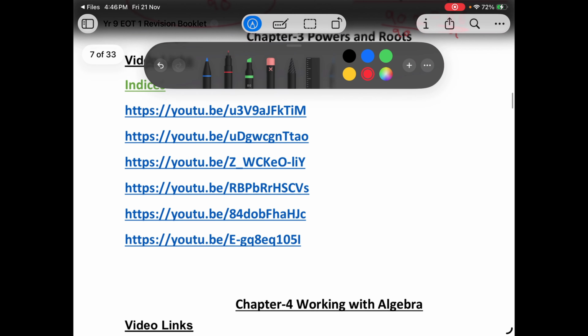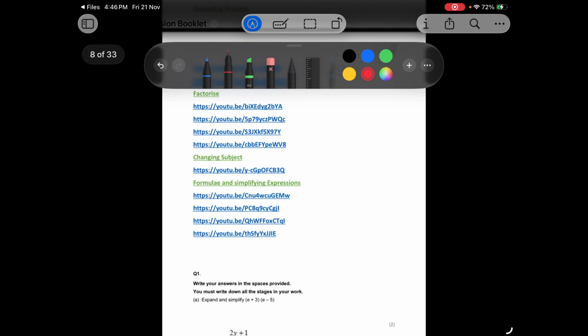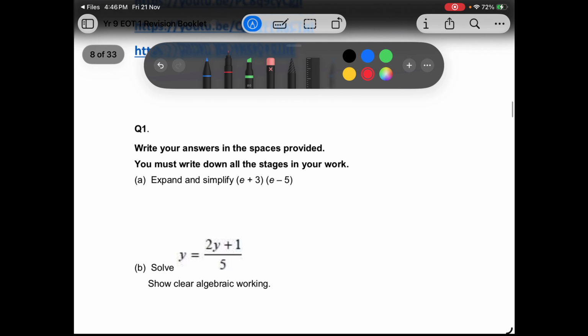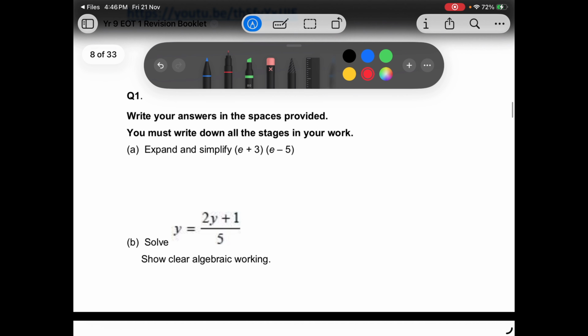Okay, let us move to the next thing we have here. Here, guys, they told us to expand. Expand means to multiply things, okay?